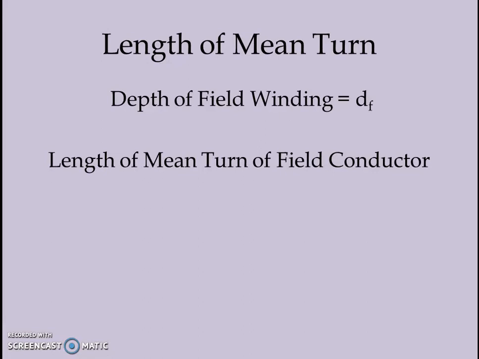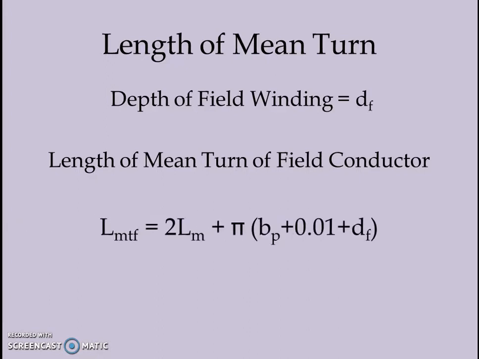As per the dimensions we have seen, we can derive one equation: LMTF, where MT is mean turn and F is for the field, equals 2 times Lm, where Lm is the active length, plus pi into bracket BP, that is the width, plus 0.01.